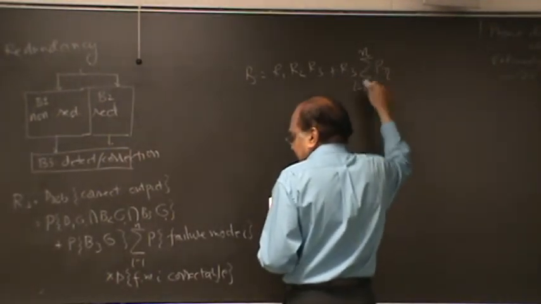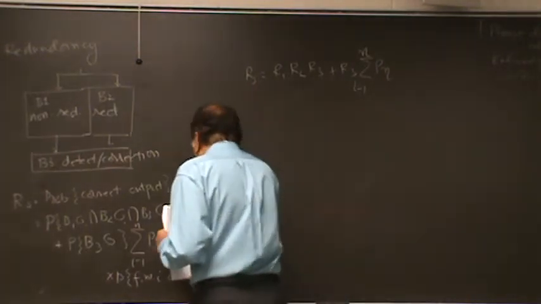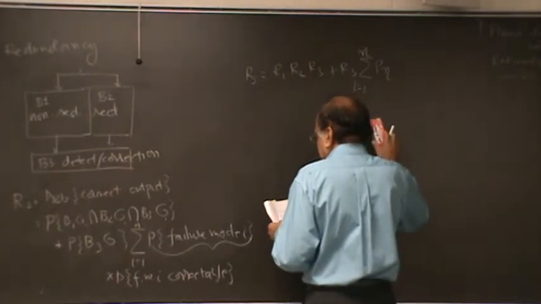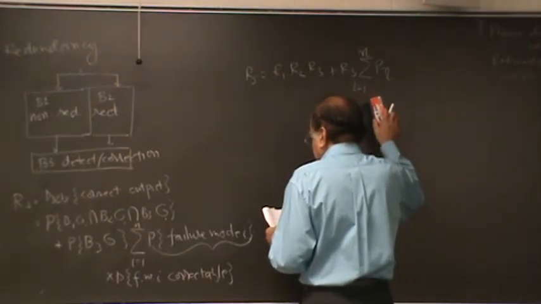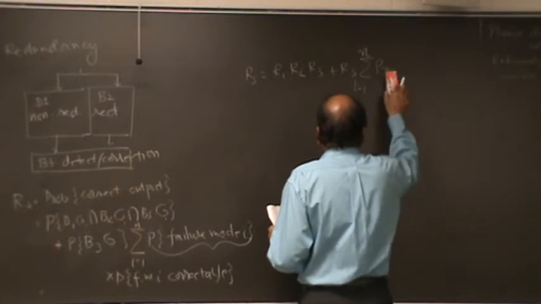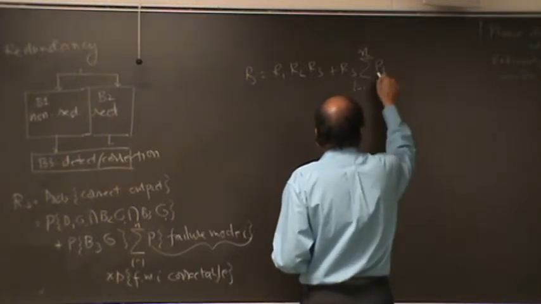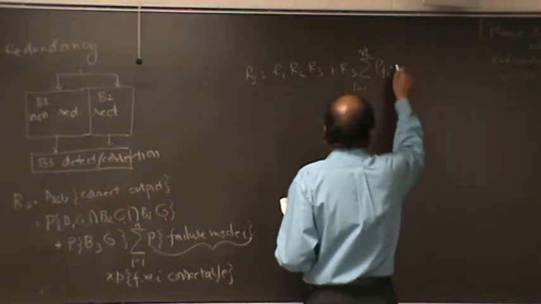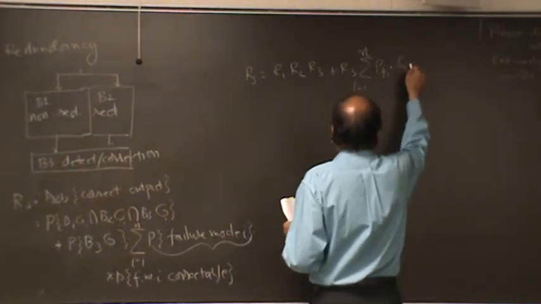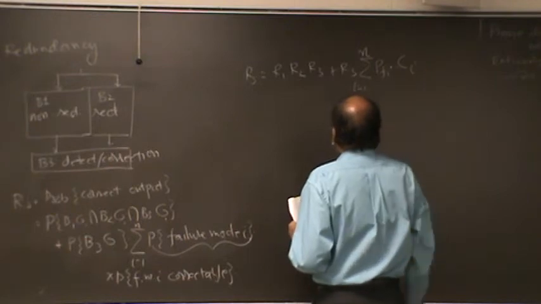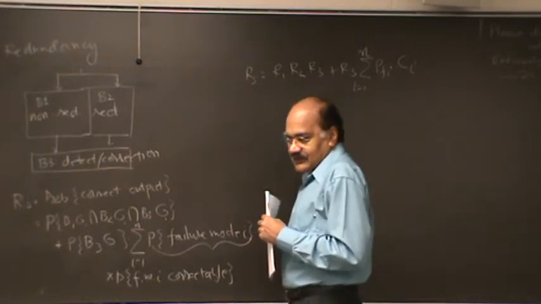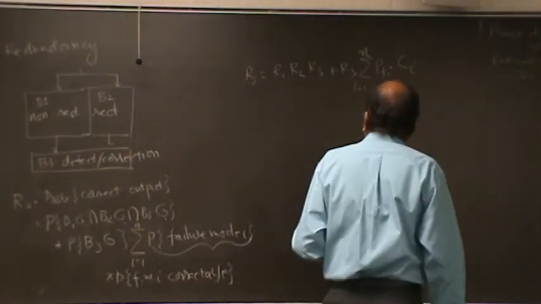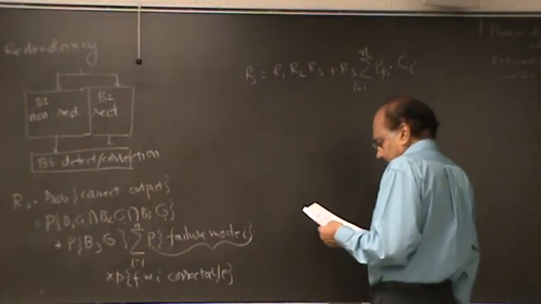Probability that you have failure mode I, so I'm calling it P sub I. Okay, probability of failure mode I, I'm calling it P sub Fi, and probability that failure mode I is corrective. So it's the same thing as what I have here, except that I have a compact expression.